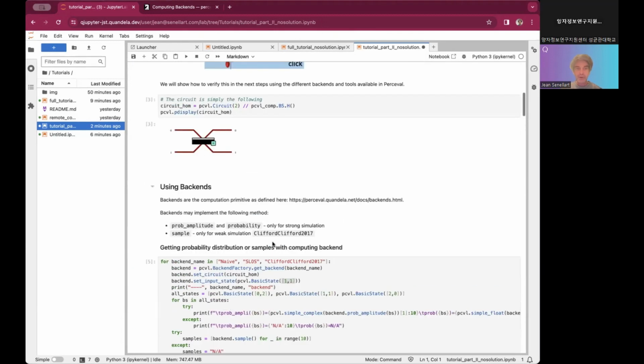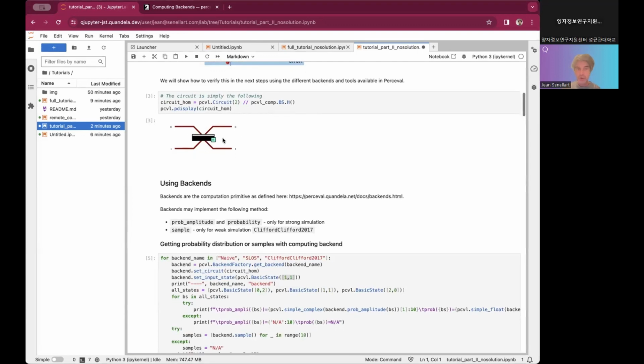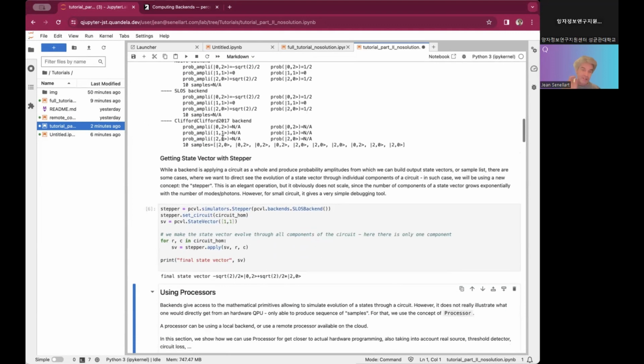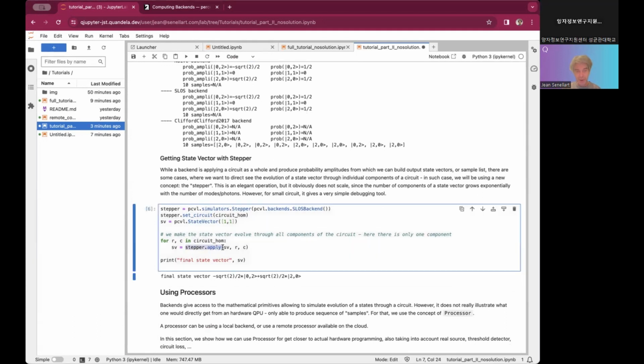So in our case here, we have only one component that is this beam splitter. So it's not very challenging to go through one single component, but what is interesting is that it doesn't give you probability, it doesn't give you a probability amplitude or samples, it gives you the quantum state. So you just make the quantum state evolve, and to make the quantum state evolve, you are applying this method, stepper, apply the quantum state you are taking, and you make it evolve through the different components of the circuit. So R and C are the components of the circuit.